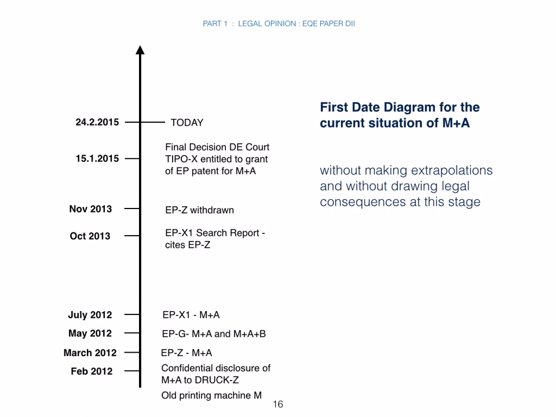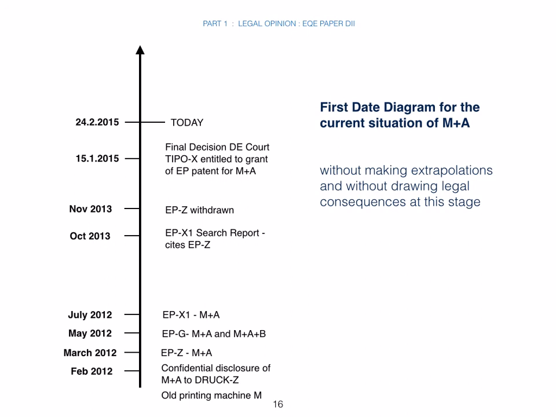Here now are the facts that we saw before, but arranged in date order. Time is flowing up, so the future is at the top of the sheet. And in time order, reading from the beginning, we have the old printing machine. We have confidential disclosure of M plus A to Druck Z in February 2002.